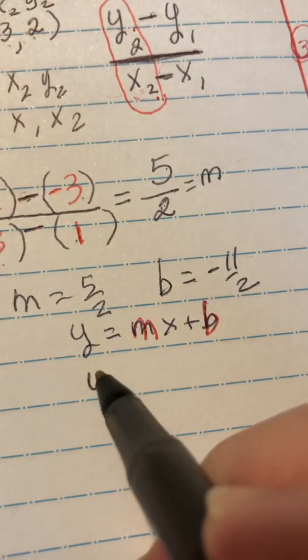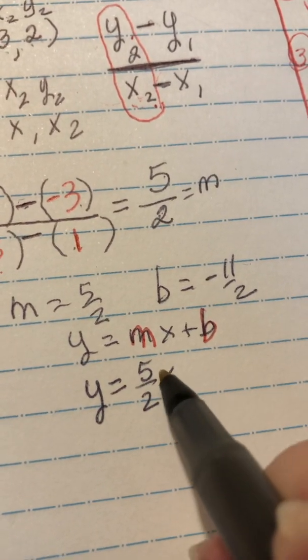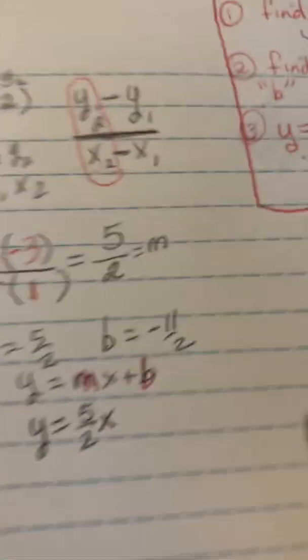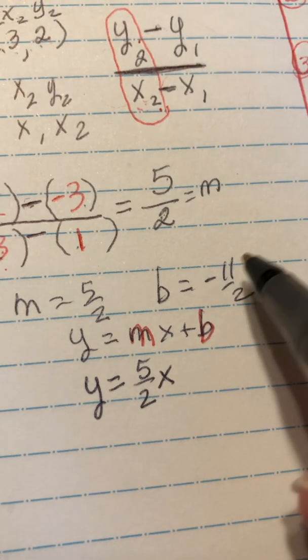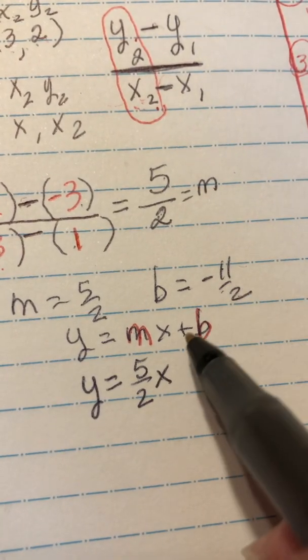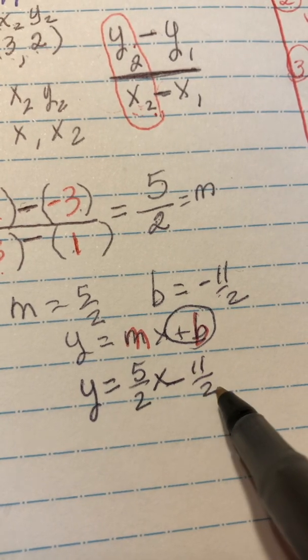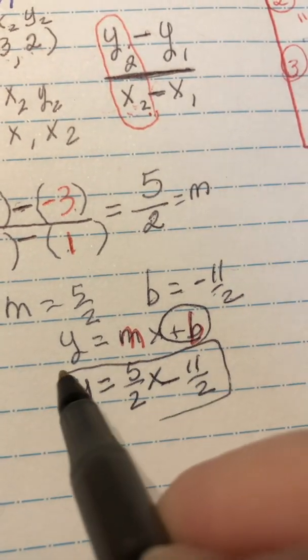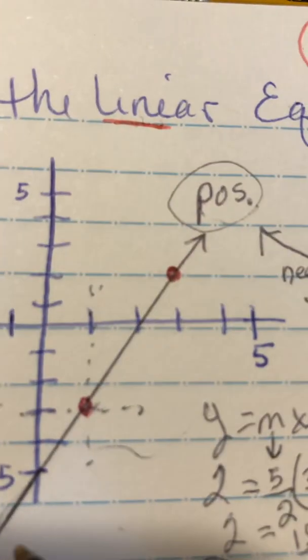And so I have y equals 5/2 x. So the x and y stay the same. We only put numbers in them over here so we could solve for b. But now we go back to just being regular x and y. And then since this is a negative 11 over 2, then this whole thing becomes negative 11 over 2. So this is the equation for the line that was created here.